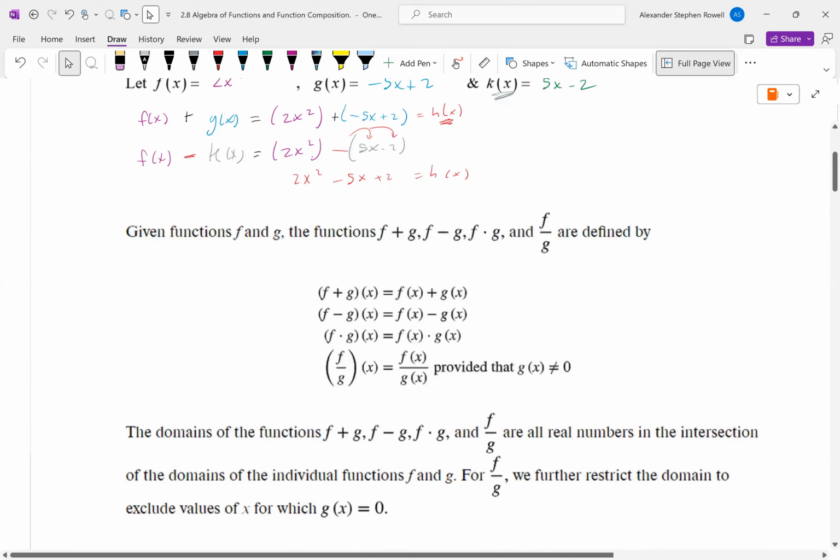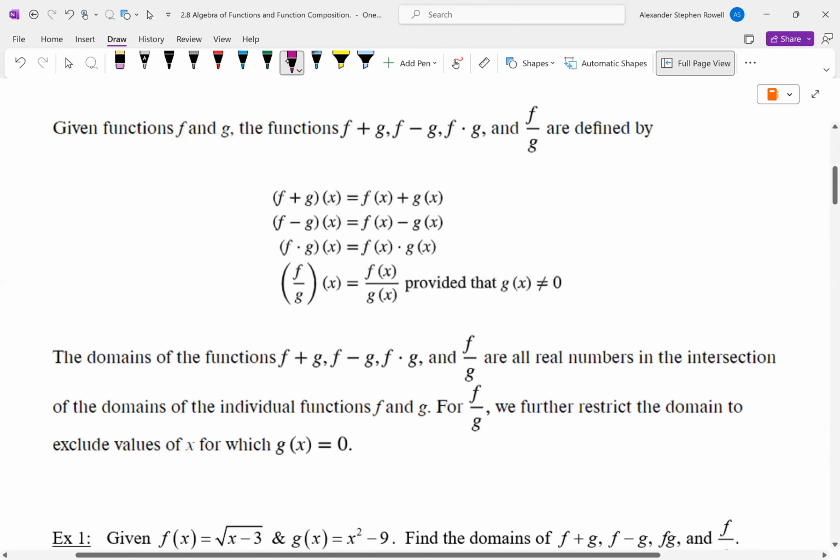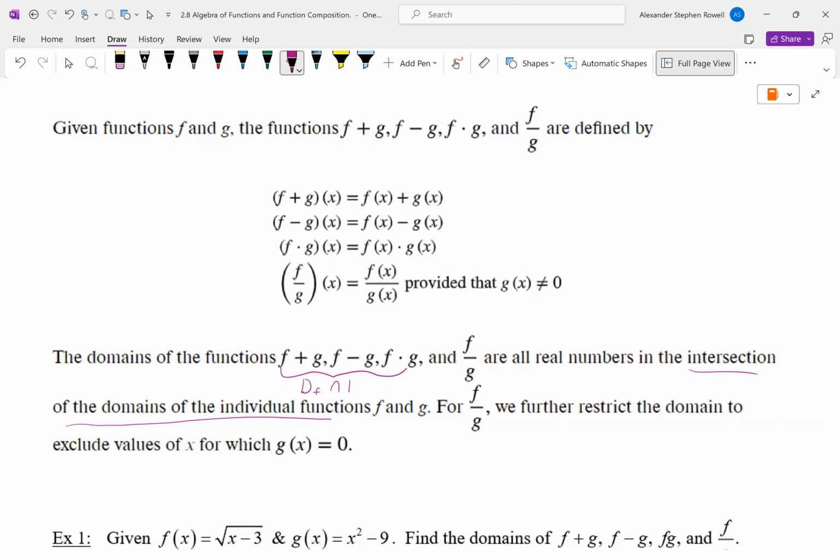What we'll want to keep in mind is the domain of adding, subtracting, or multiplying functions is going to be the intersection of the domains of the individual functions. So the domains of these will be the domain of f intersected with the domain of g.